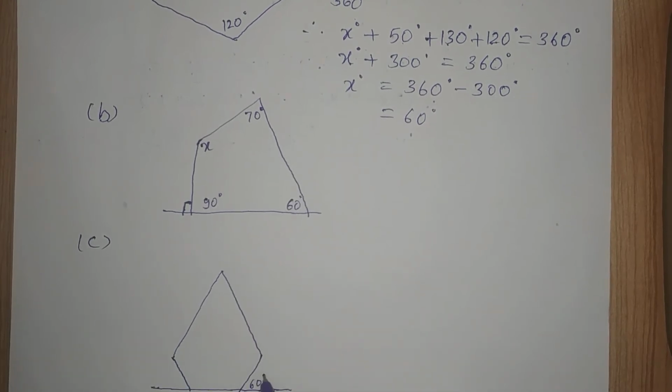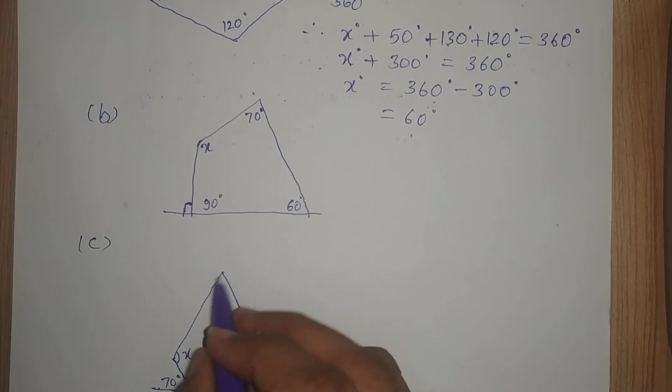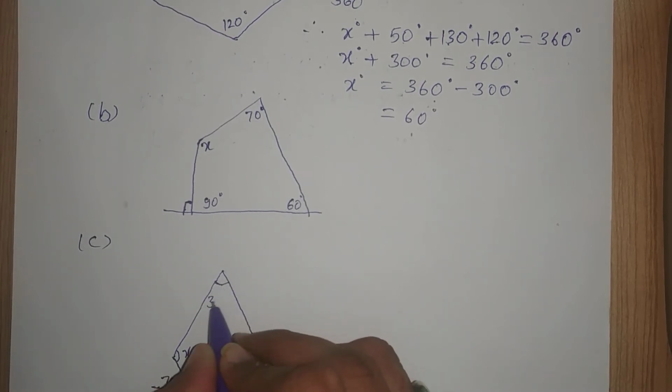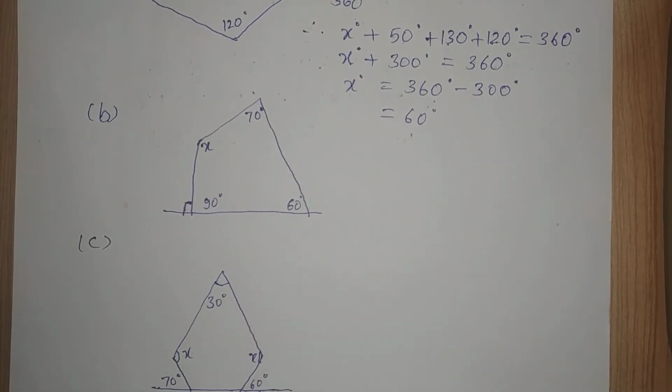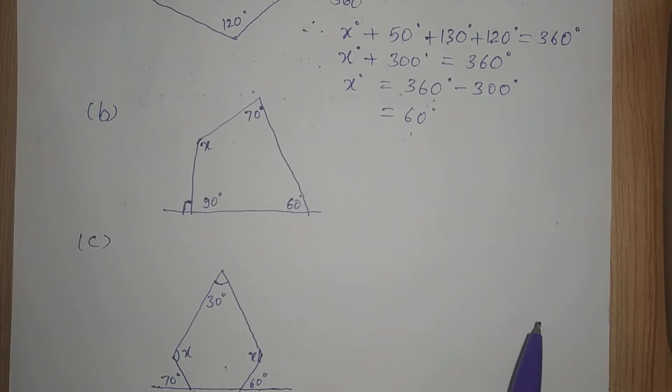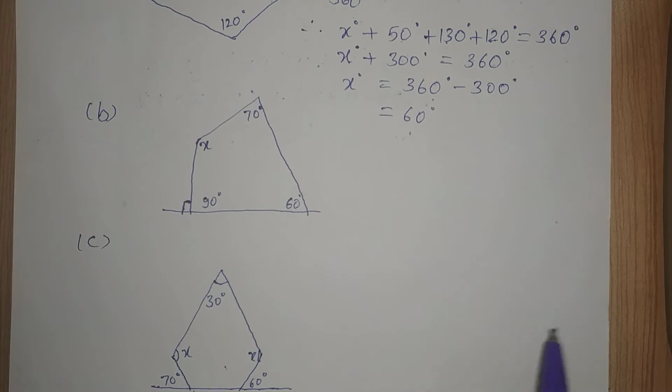This is 60 degree, 70 degree, x, and this angle is of 30 degree. Now this figure is a pentagon. So we know that sum of the angles of a pentagon is 540 degree. Sum of the interior angles actually. So we have to find this interior angles.